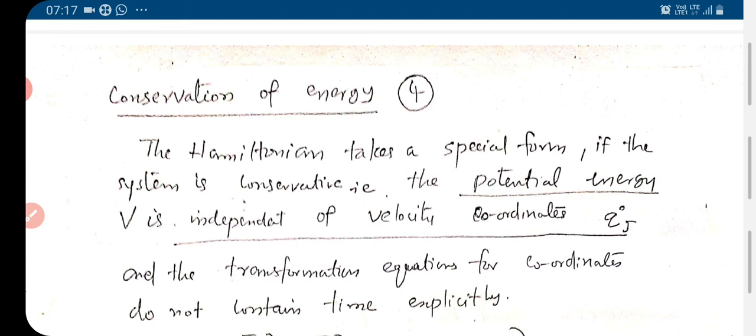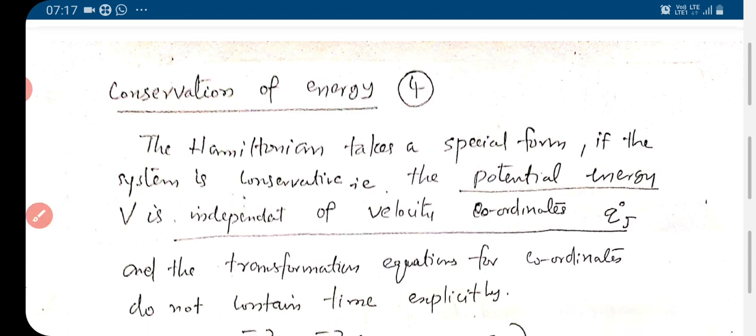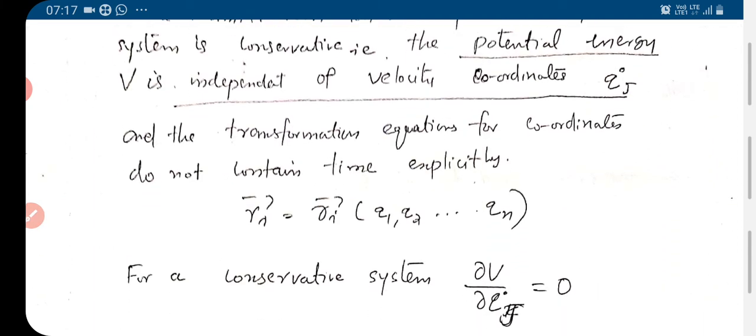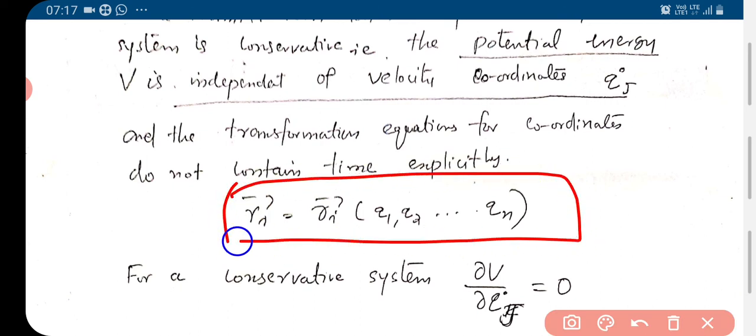The Hamiltonian takes a special form, kinetic energy plus potential energy, H equal to T plus V, if the system is conservative. That is, the potential energy is independent of velocity. The potential energy is just a function of generalized coordinates. The transformation coordinates do not contain the time explicitly.